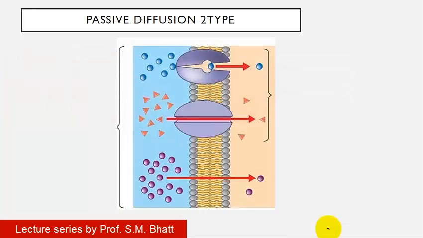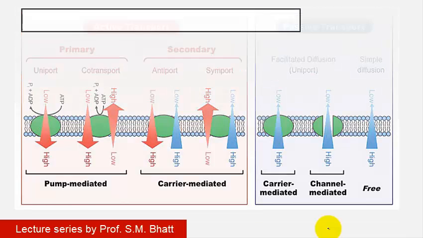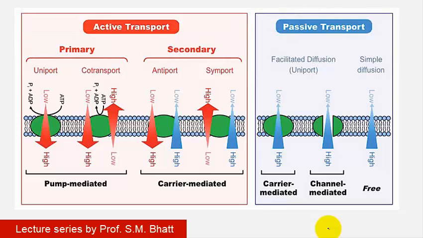Okay. So passive diffusion, again we have discussed there are two types. Facilitated diffusion means there are certain channel proteins or carrier proteins, and simple diffusion they directly move. Already we had discussed active transport is of two types: primary, secondary. Primary, uniport, pump mediated.